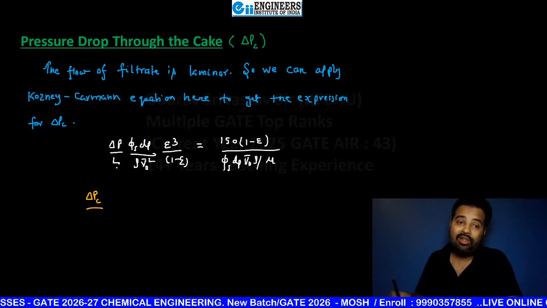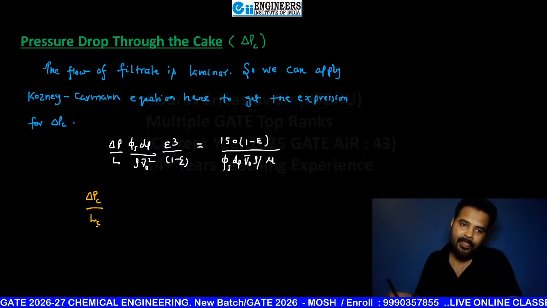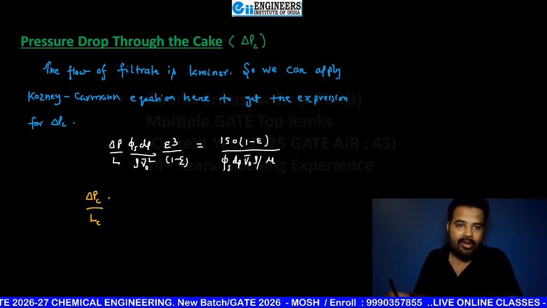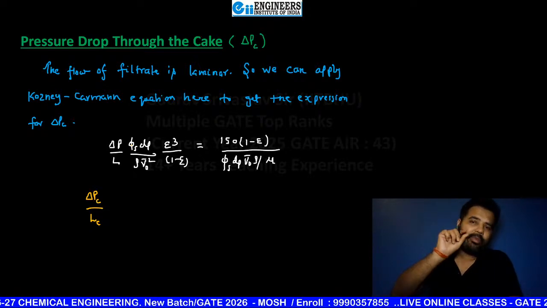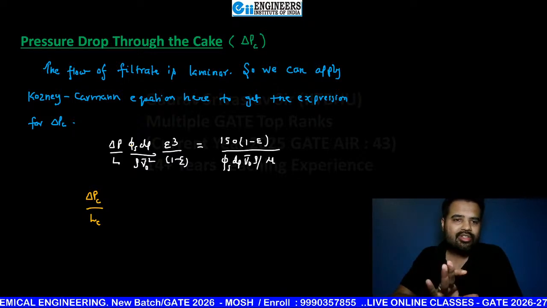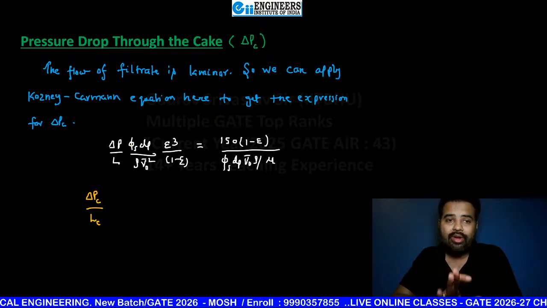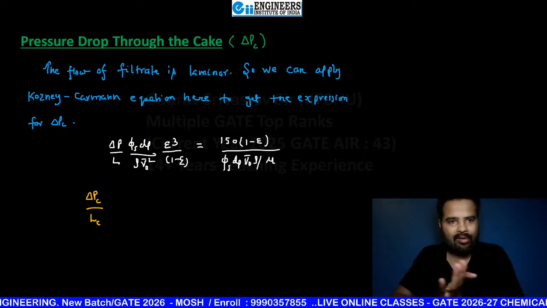Is it the total thickness? No, no, this is the thickness of your cake. And phi s is the sphericity of the solid particles in the cake. Generally it is not given in your question, so from your side you can assume the particles are spherical and write it as one.